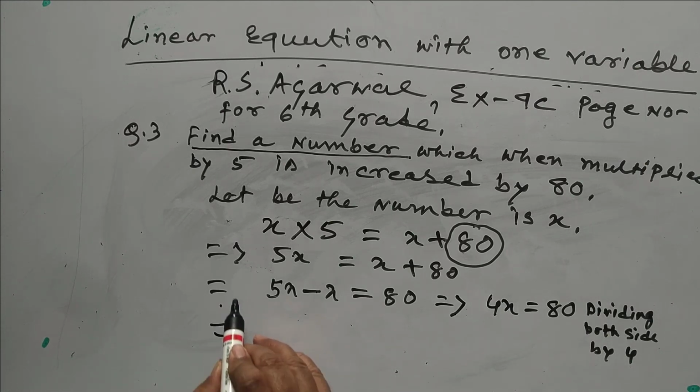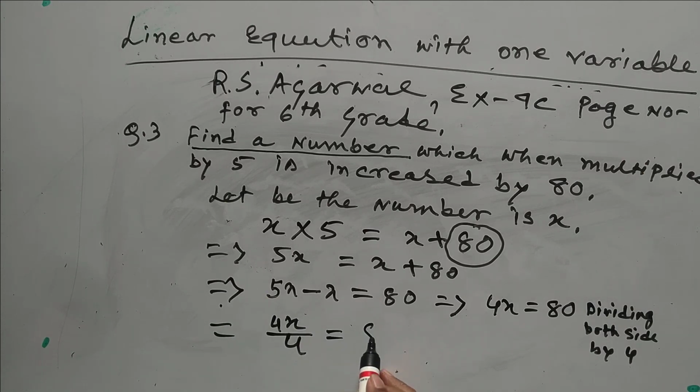So it will be 4x by 4 equals 80 by 4. So 4 divided by 4 is 1, and 20 equals 80 by 4. So x equals 20.